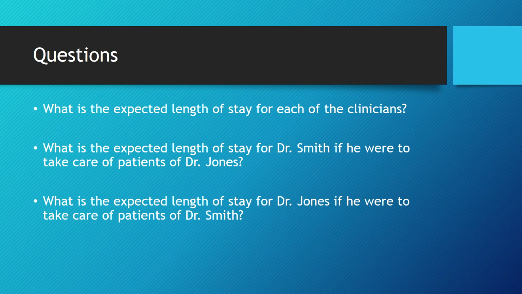So the questions are, what is the expected length of stay for each of the clinicians? What is the expected length of stay for Dr. Smith if he were to take care of patients of Dr. Jones? What is the expected length of stay for Dr. Jones if he were to take care of patients of Dr. Smith?